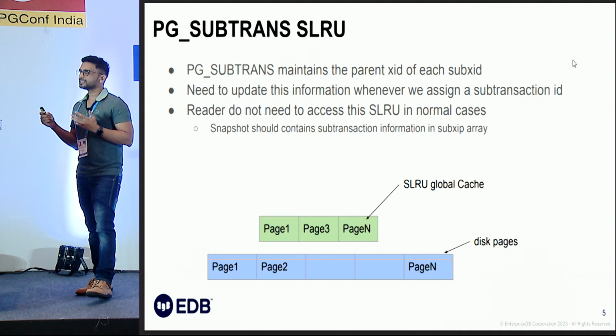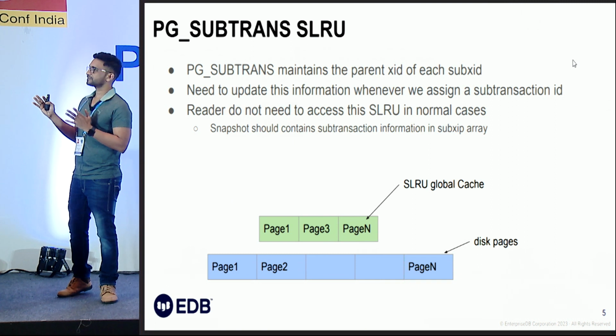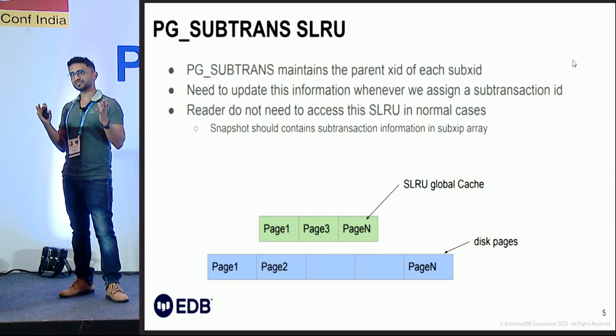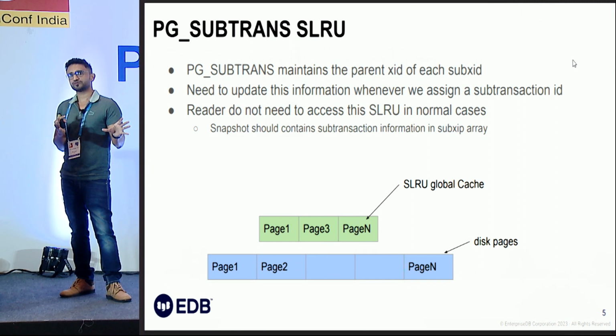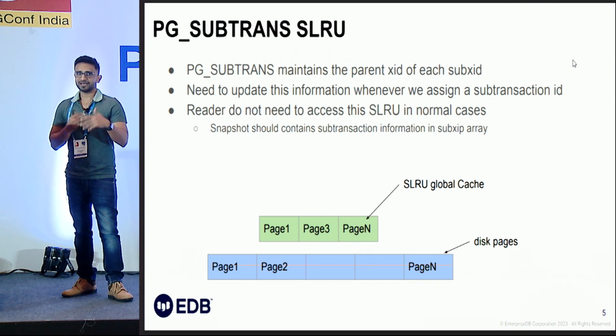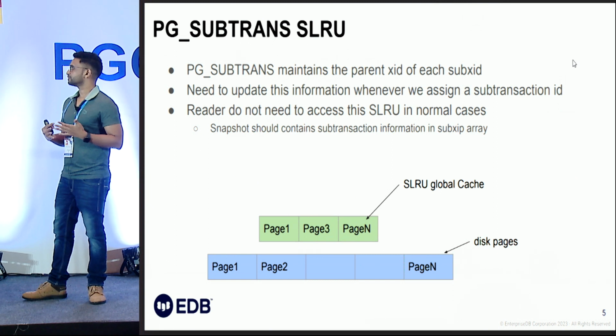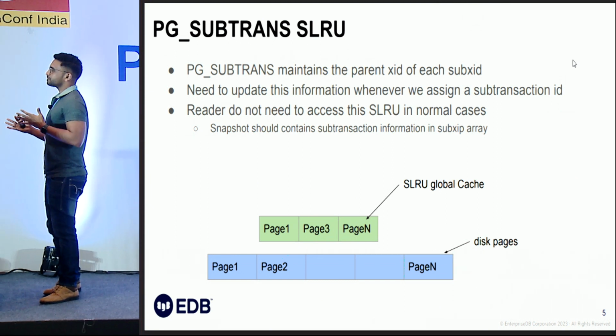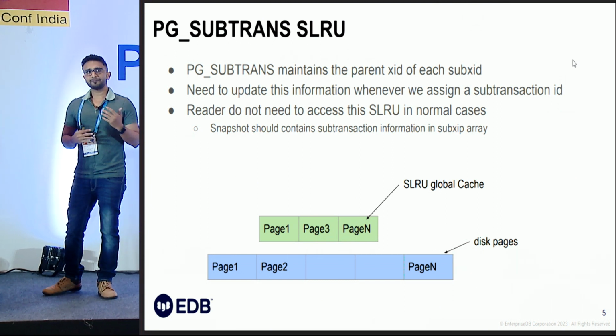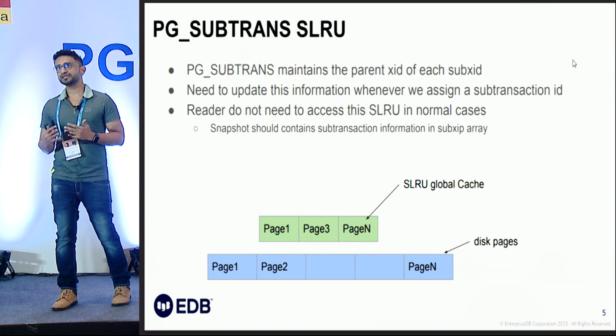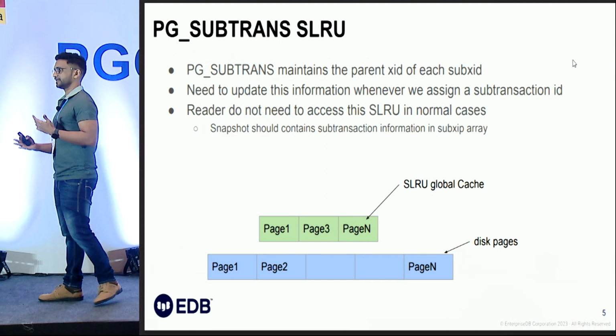Now I want to introduce a little more about the PG Subtrans SLRU. Once we know these two concepts, snapshot visibility and Subtrans SLRU, I will connect them to show exactly what is happening in the problem. PG Subtrans SLRU is nothing but a mapping from a subtransaction ID to a parent transaction ID.